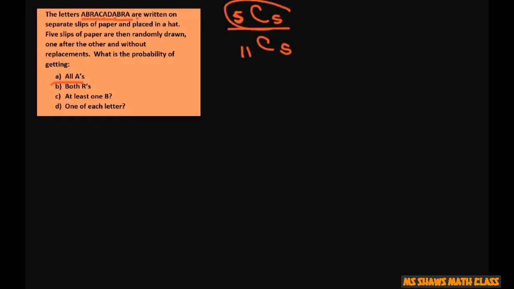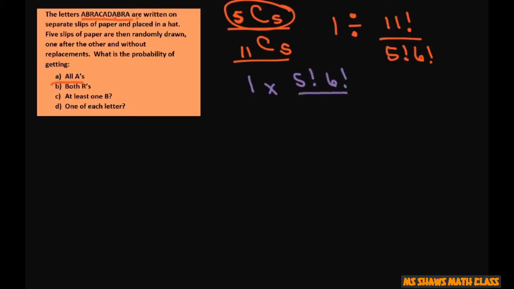So this equals 1. So you have 1 divided by this one, which is 11 factorial divided by 5 factorial times 6 factorial. Now this is the same as 1 times 5 factorial times 6 factorial divided by 11 factorial.